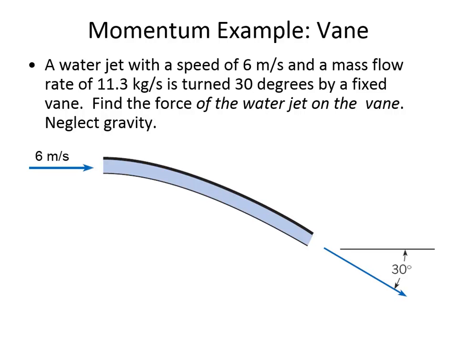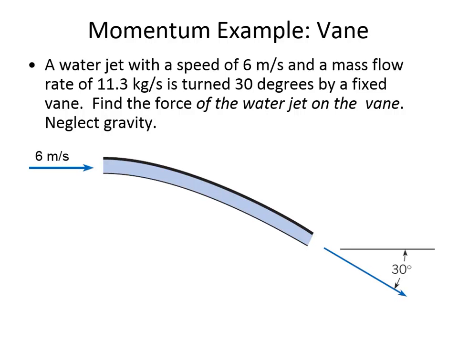So negative 6 because it's down in the y direction. Cosine of 60 will give us the component of the velocity that's downward, in the direction of y. And that's going to be a force of negative 33.9 newtons.